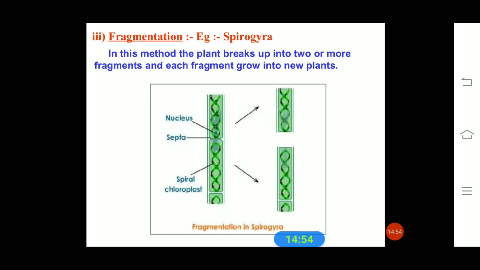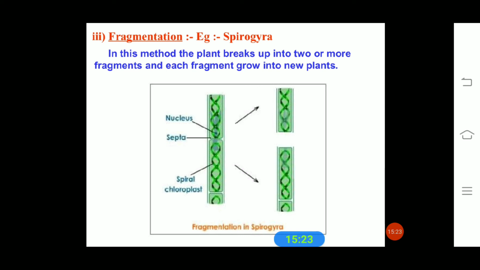Next, another one, students, that is what? Fragmentation. In this method the plant breaks up into two or more fragments, and each fragment grows into a new plant. So students, when the plant breaks up into two or three parts, each separated part grows into a new individual.